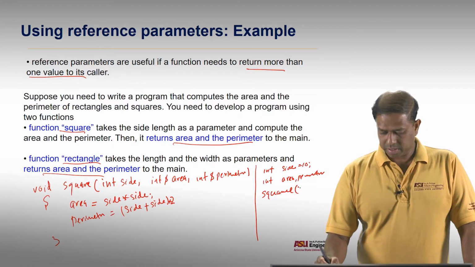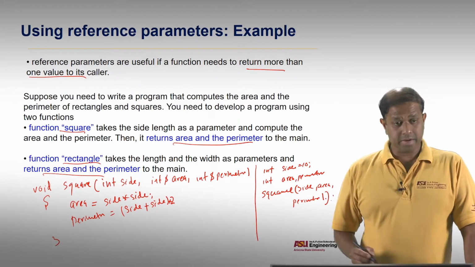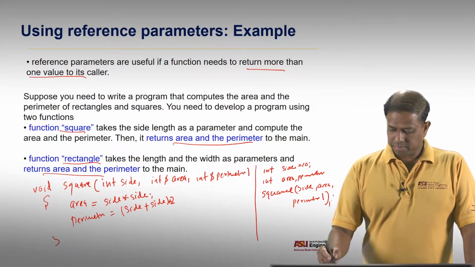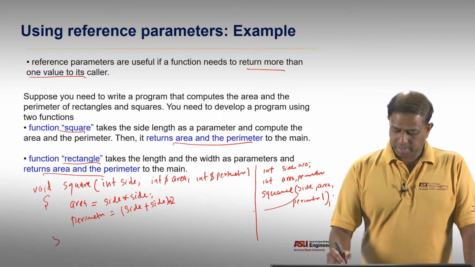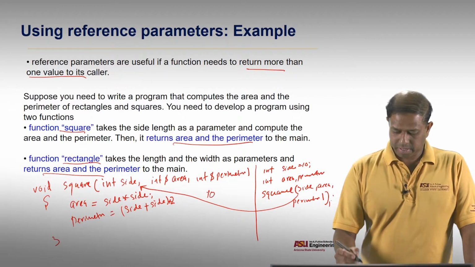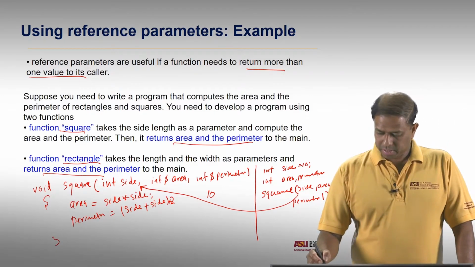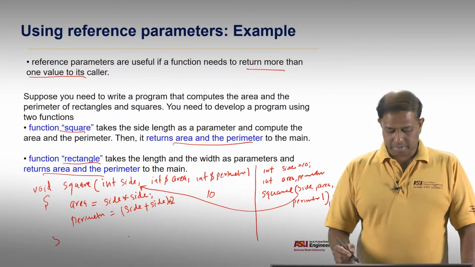square side, area and perimeter, right? So after executing the function, first we'll be taking this value and passing it as a copy. So side will be 10, okay, and for area and the perimeter we are passing the memory locations.